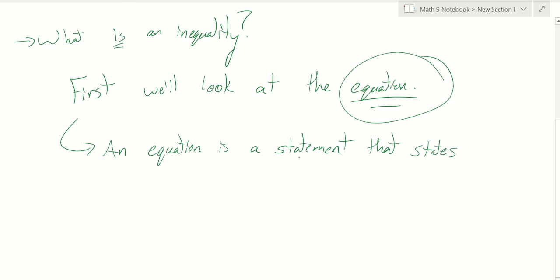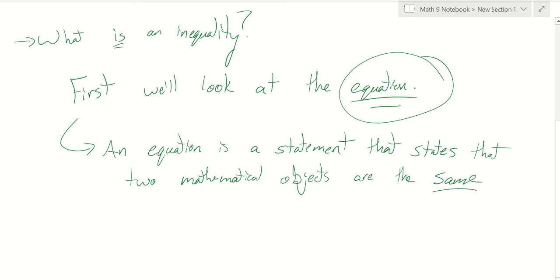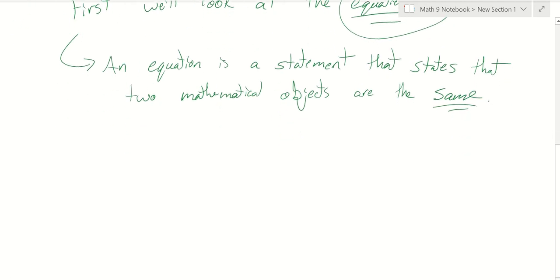An equation is a statement that states that two mathematical objects are the same. It's not that they're anything else. They're the same thing. They're identical. They might be expressed differently, but they're really the same.